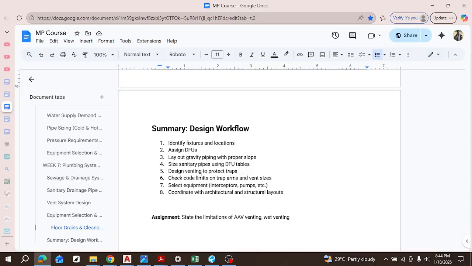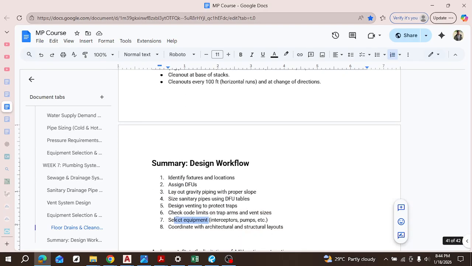Venting and traps work together to keep all those bad gases out of the building. Then you check your codes too. With time, as you design more, you know all these codes by heart, and all these sizes too. Then you check equipment that needs to be selected.